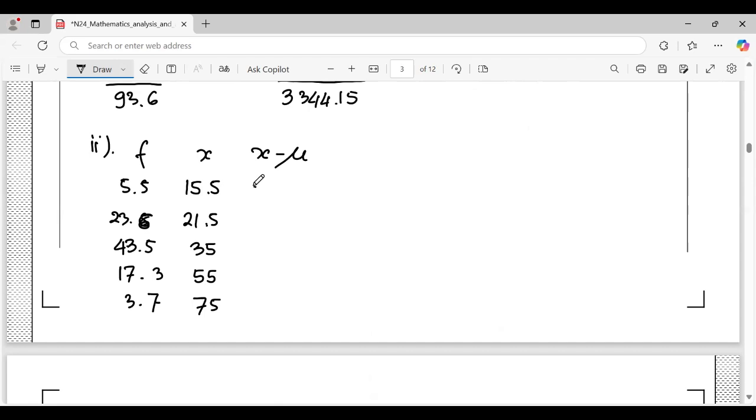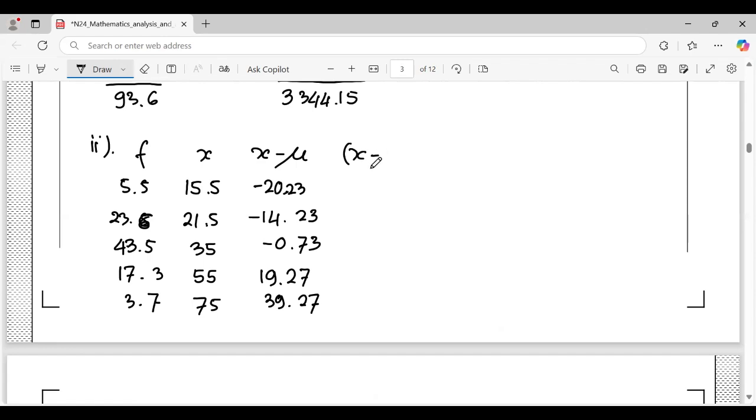It is minus 20.23, minus 14.23, minus 0.73, 19.27, and 39.27.